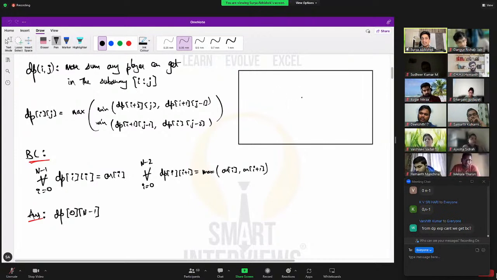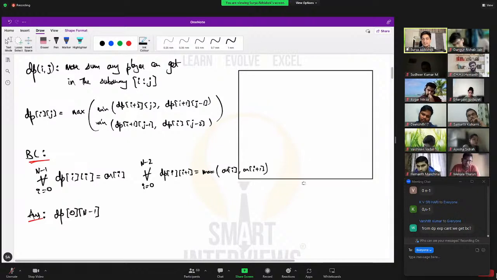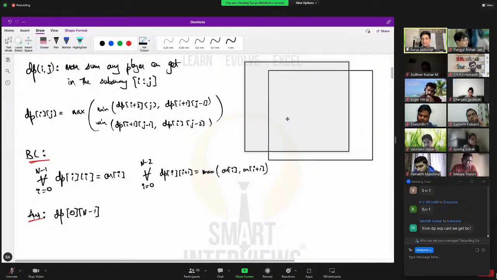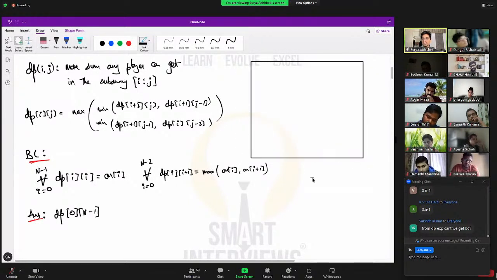Okay. Now, if you look at the matrix, basically dp of i, let me draw it as a square. I think that is more appropriate. dp of i, i is basically along this diagonal, right? And dp of i, i plus 1 is along this diagonal.